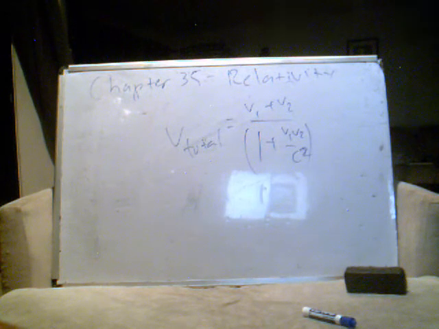So, since light is invariant in all frames of reference, if you look at some object like the Andromeda Galaxy, which is 2.5 million light years away from us, then the light that's getting to us now from the Andromeda Galaxy had to have been emitted 2.5 million years ago. Thus, we're not actually seeing the Andromeda Galaxy as it is now, but as it was about 2.5 million years ago.